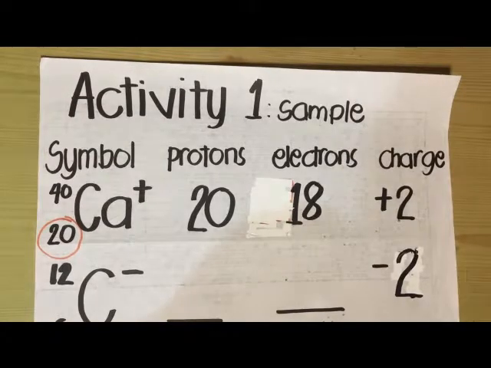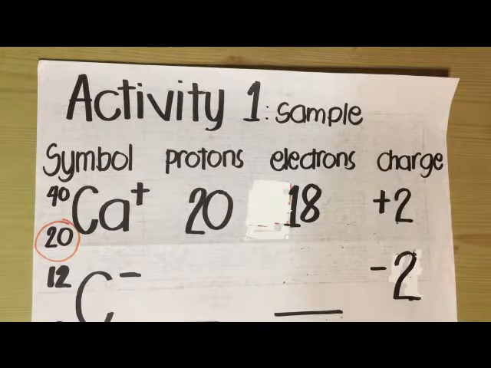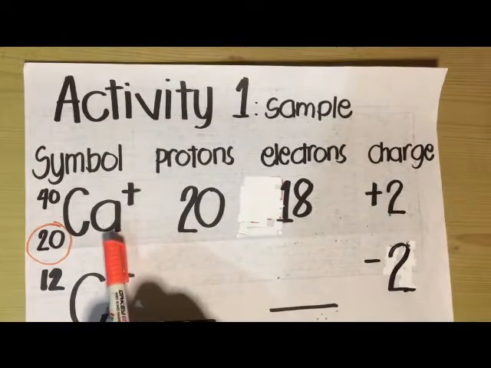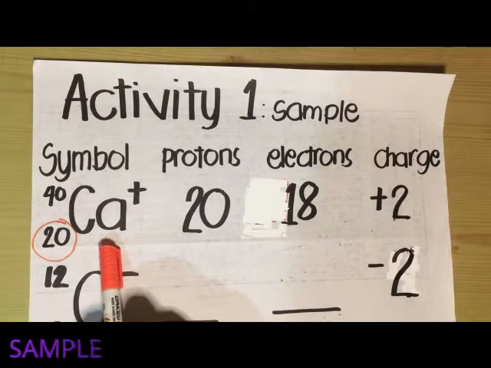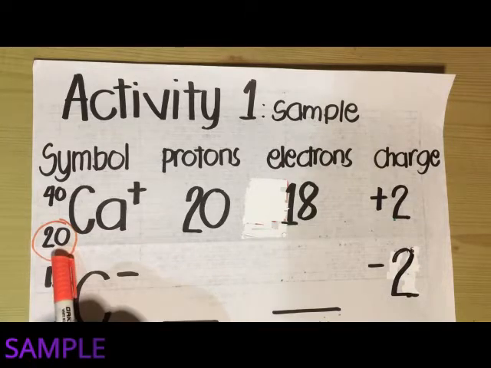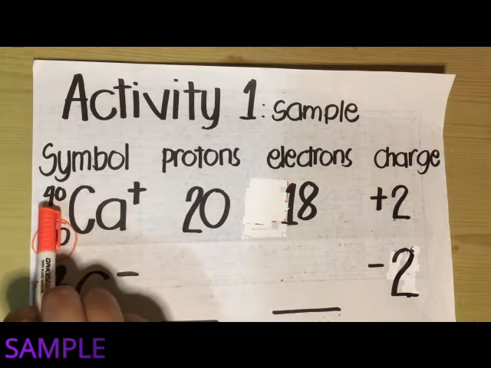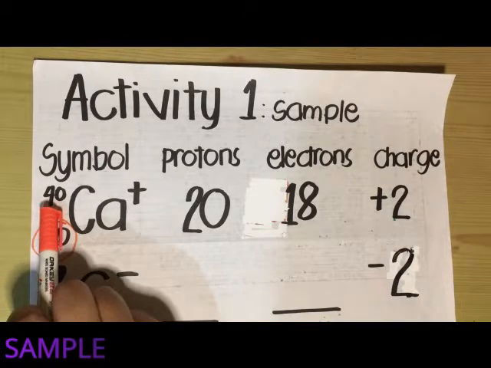So, in your module on page 6, this is our sample in activity 1. How do we do it, or how do we fill up the needed information? In the very first one, this is our sample: we have calcium, Ca is the symbol, 20 is the atomic number, and 40 is the atomic mass.